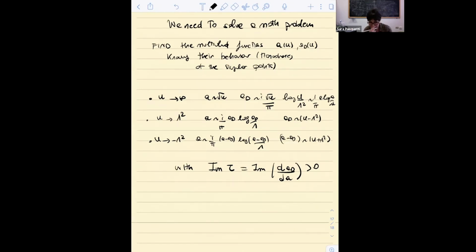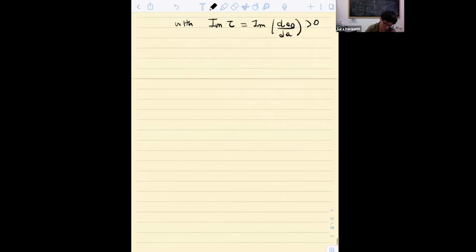And the point is that you can fix uniquely these functions A and A dual by looking at the asymptotic behavior. And indeed, the solution to this math problem provided by Seiberg and Witten is very nice and elegant, and it is given in terms of the Seiberg-Witten curve. So the idea is to take an elliptic curve, which we can write down.